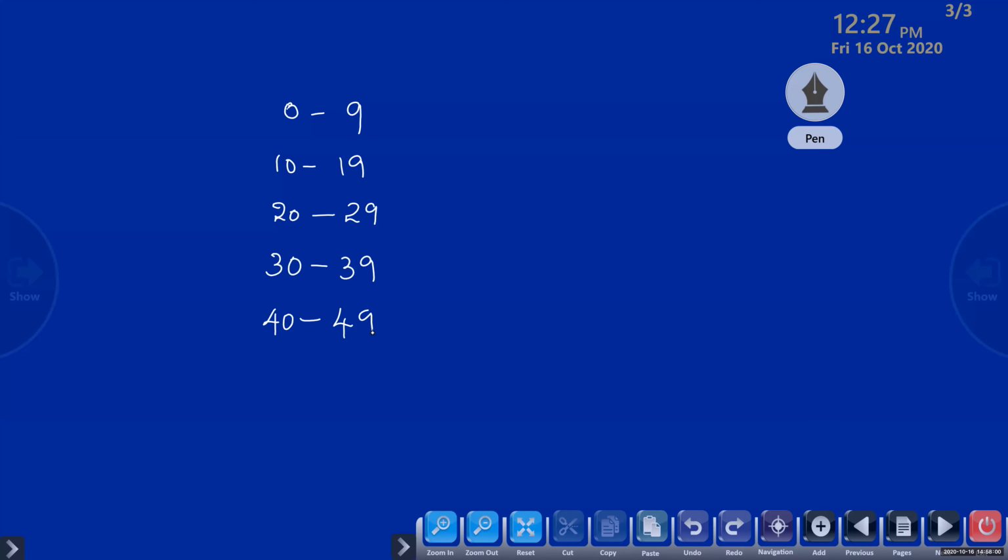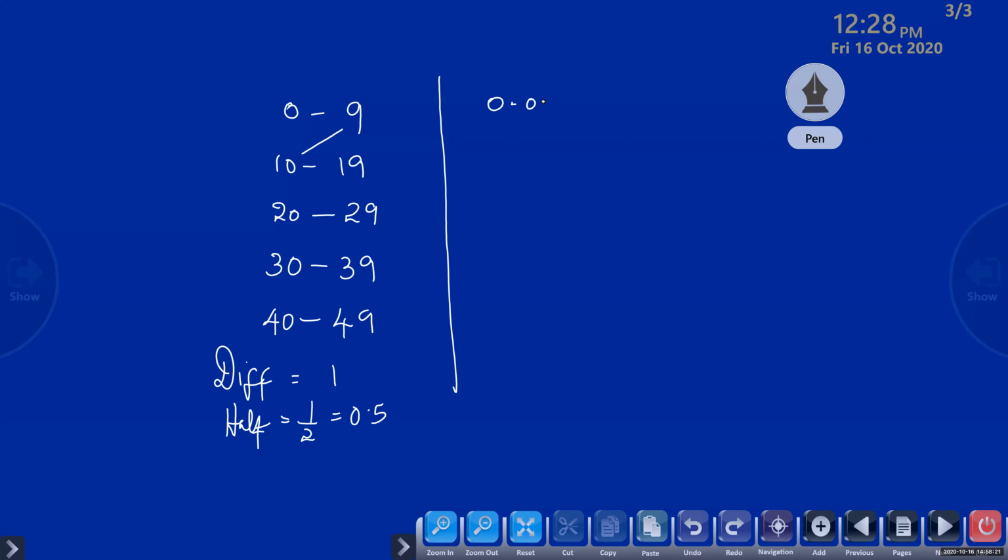So what you have to do is find the difference, which is 1. Take the half of it, 1 by 2, that is 0.5. From 0, you have to subtract 0.5, and to 9, you have to add 0.5. Lower limit, subtract 0.5. Upper limit, add 0.5. Okay, children? Yes, ma'am.